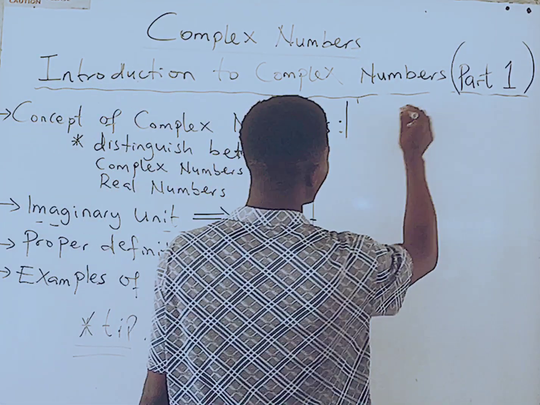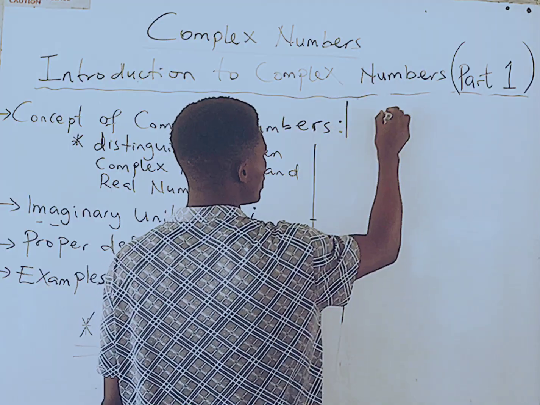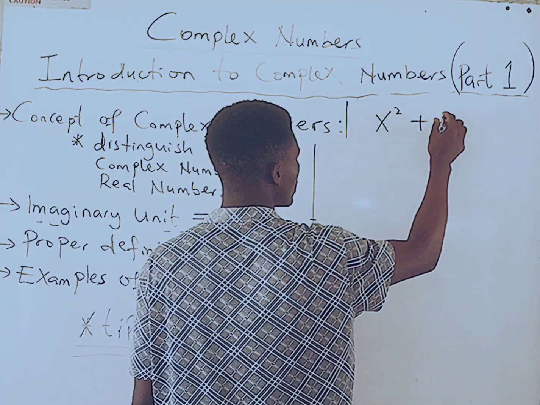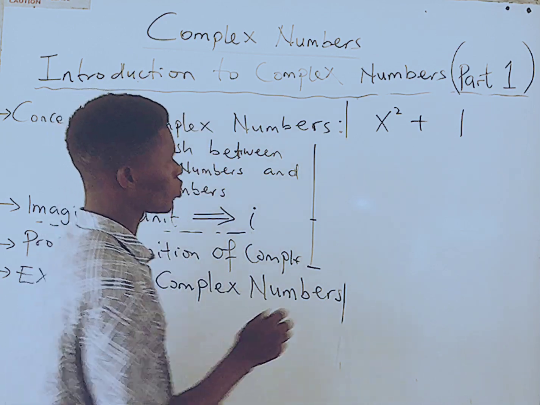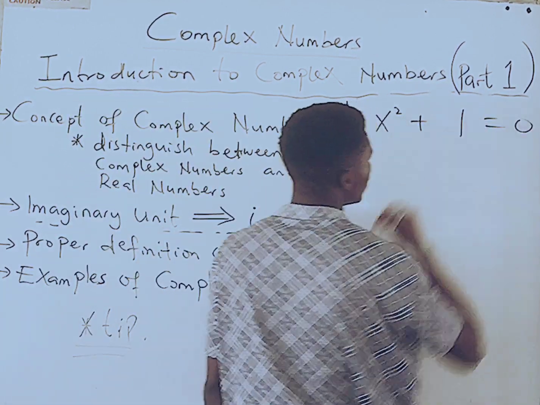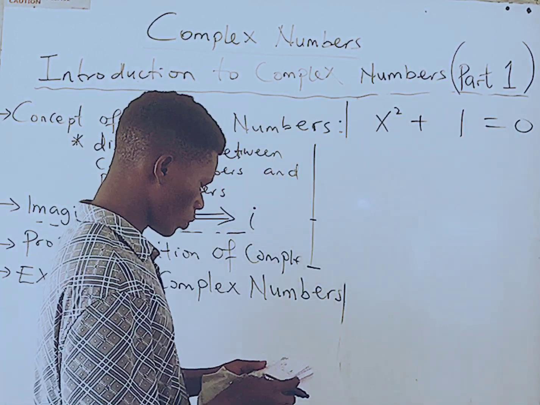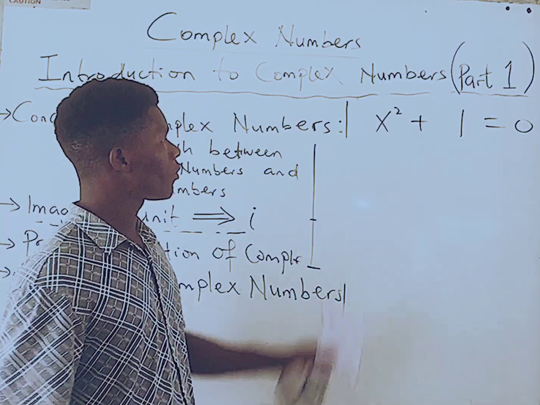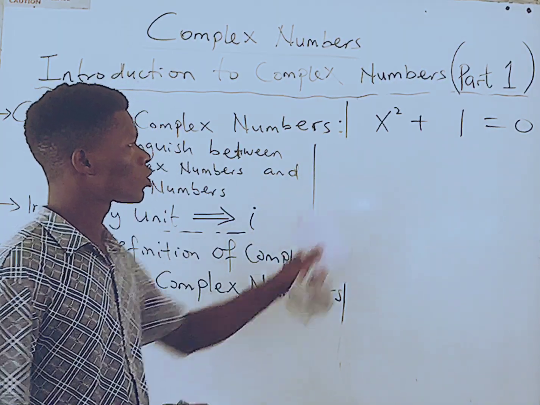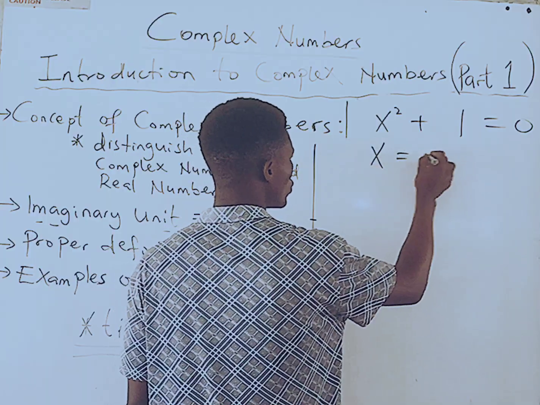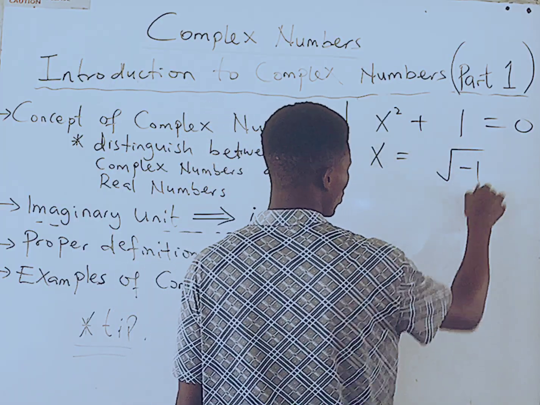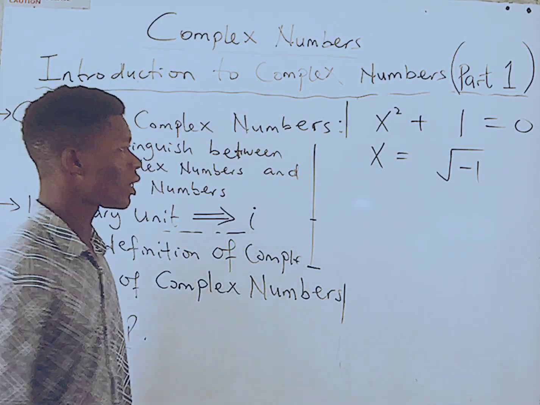Let's revisit one of the quadratic equations we used while explaining the concept of complex numbers, which is x squared plus 1 equals 0. If you were given this equation to solve, from our earlier work we know that you will arrive at x equals the square root of minus 1.